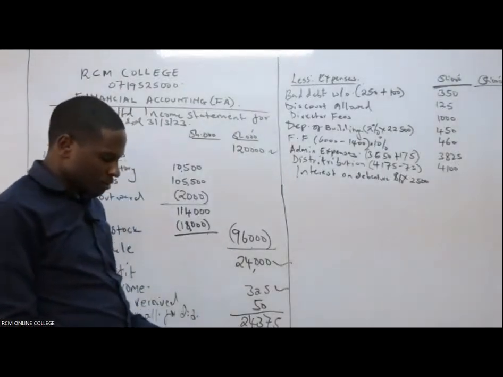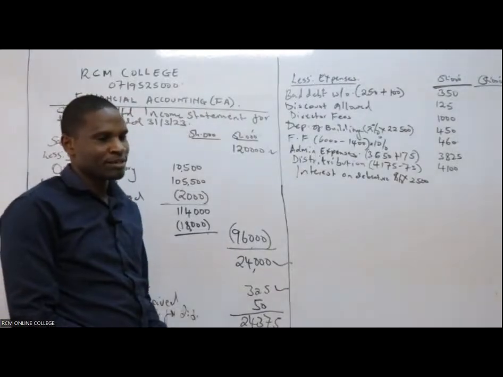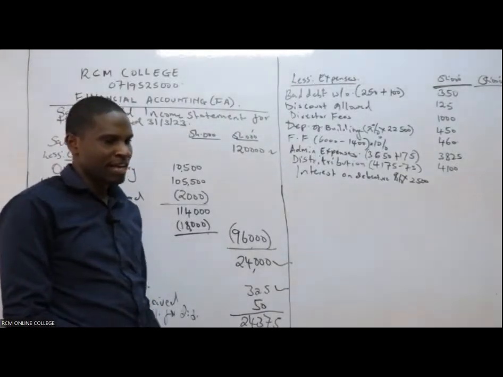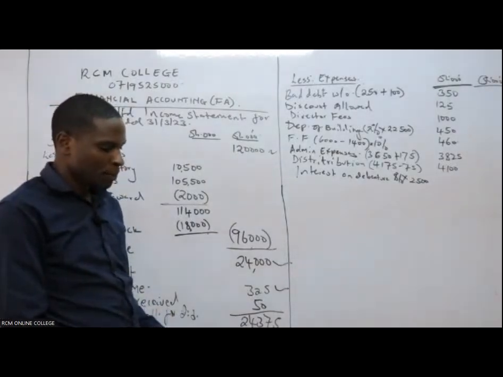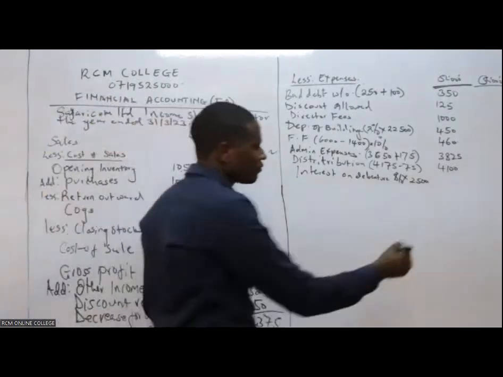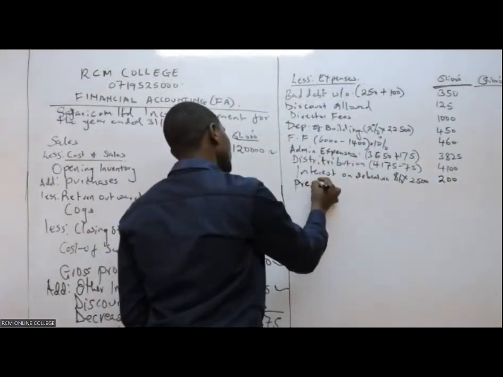Then tuko na proposed dividend. Look at almost the last additional information. We are given the proposed dividend, preference dividend. Hapa napewa 200.